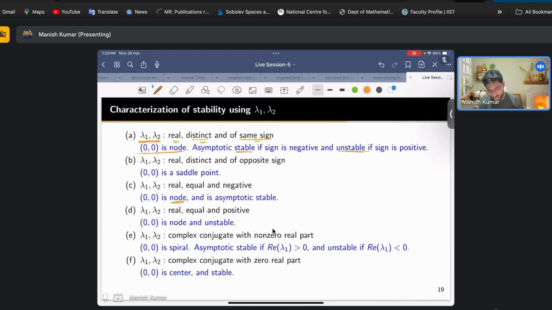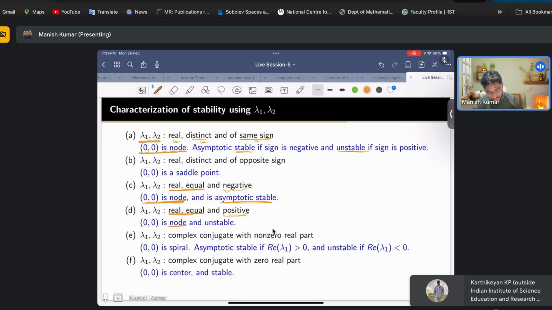So as of now you can see this is a node, and here also if they are real and equal, then also it is a node. But the point is here they are negative and here they are positive. So when they are negative we have asymptotic stability, and when positive we have instability.